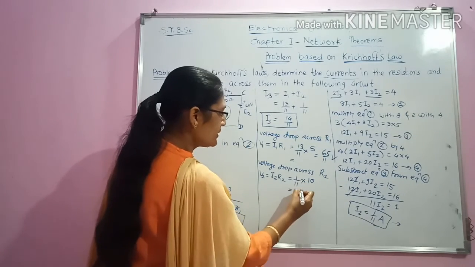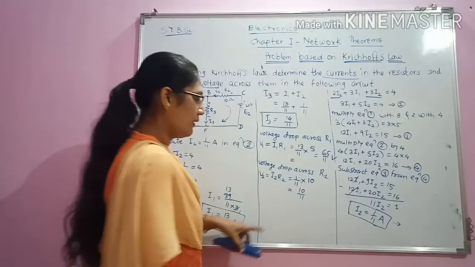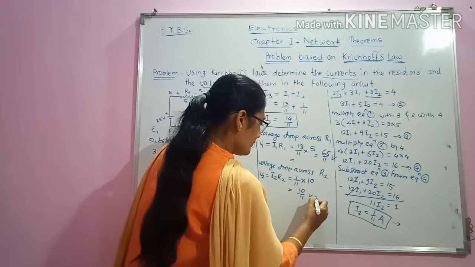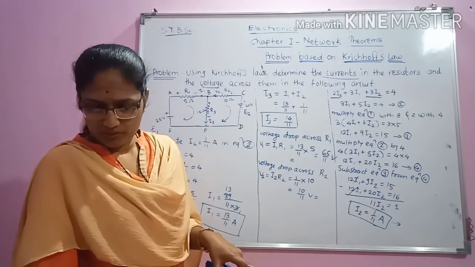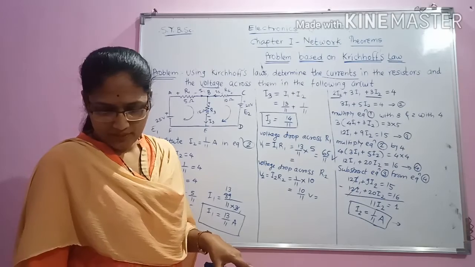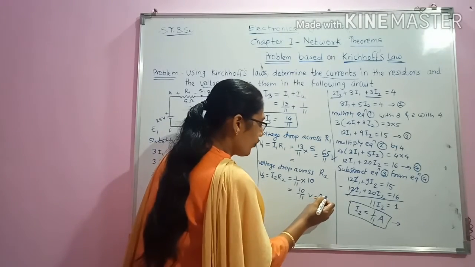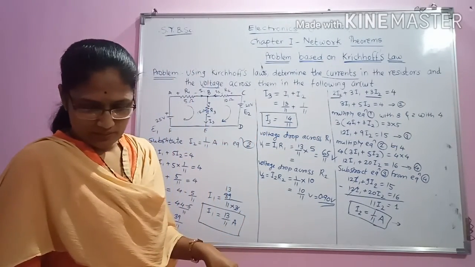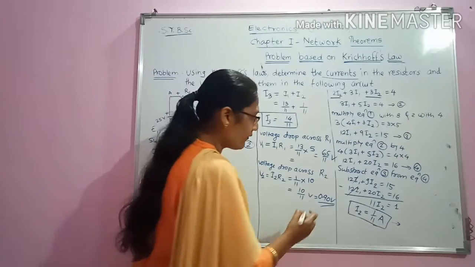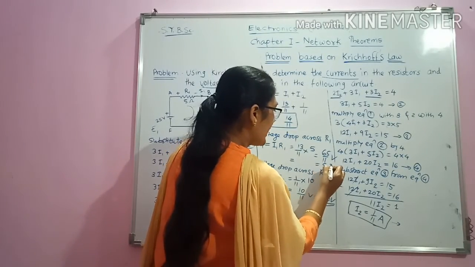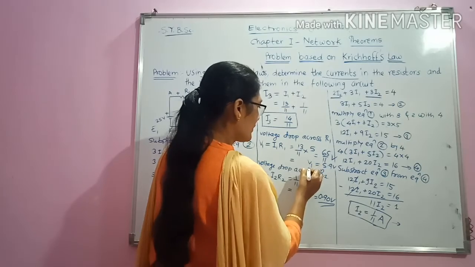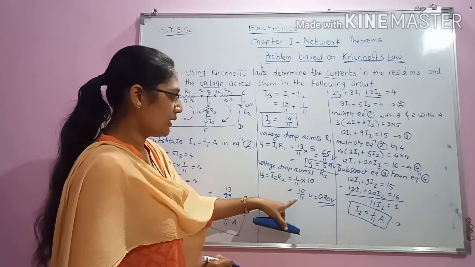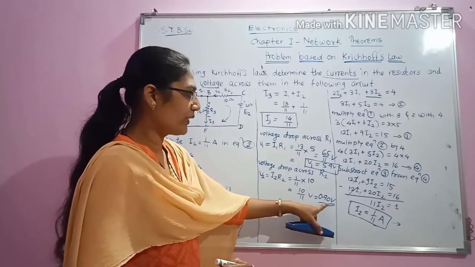So its value is 10 upon 11 and it is in volt. If we work out 10 by 11, its value comes out as 0.90 volt. And here 65 upon 11 is equal to 5.9 volt. You can calculate it afterwards. V1 comes out as 5.9 volt. Here 10 upon 11 volt means 0.90 volt.